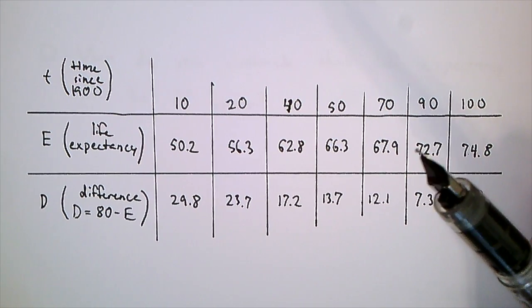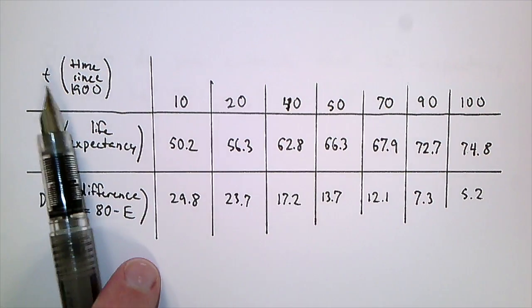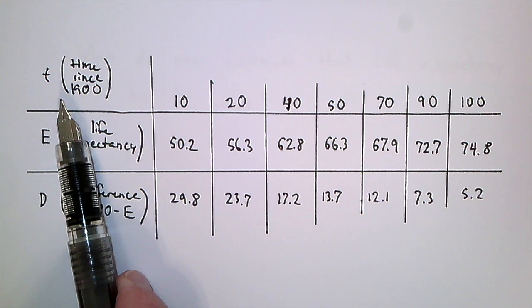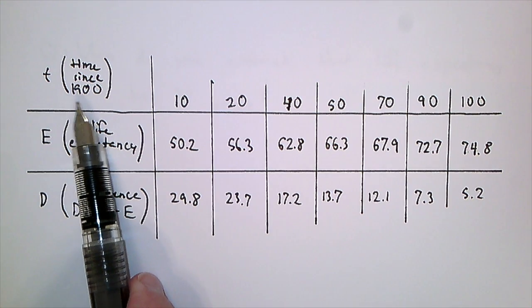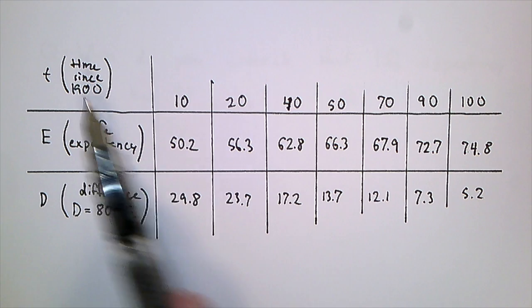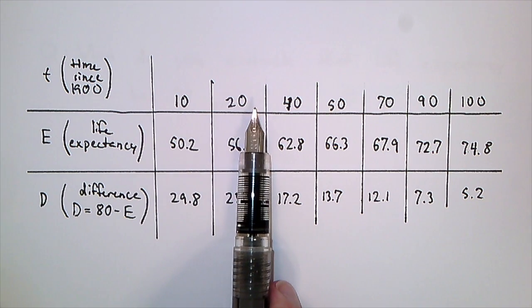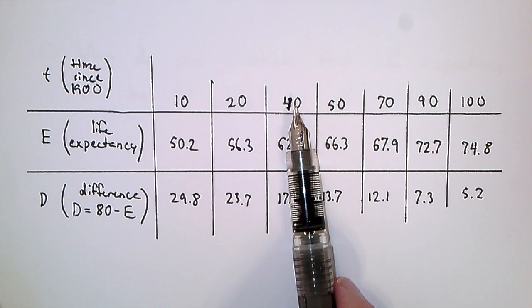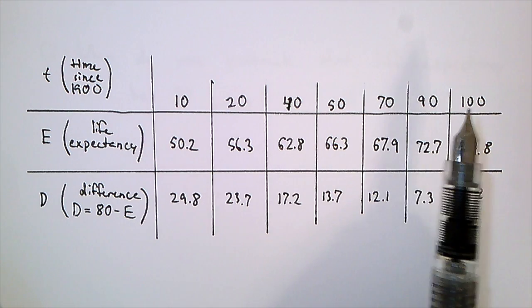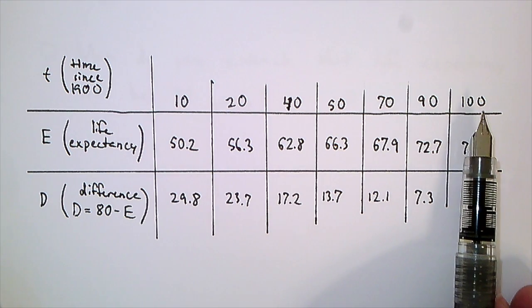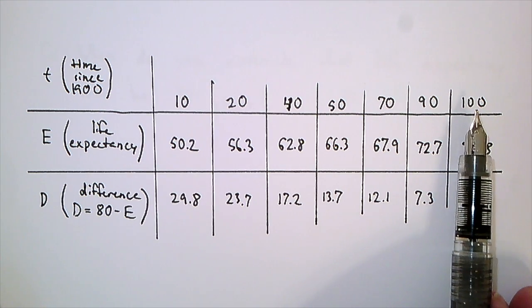Here's the data. My first row contains the date, and this is going to be time since 1900. That means 10 corresponds to 1910, 20 means 1920, 40 is 1940, and so on. And this last date, 100, is actually the year 2000.